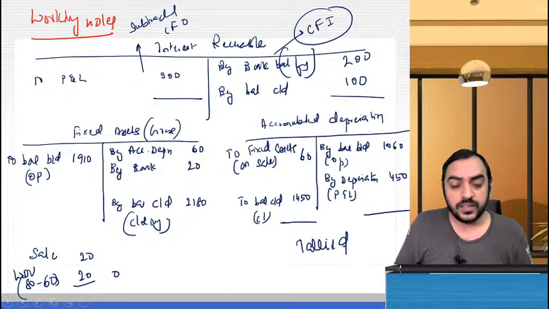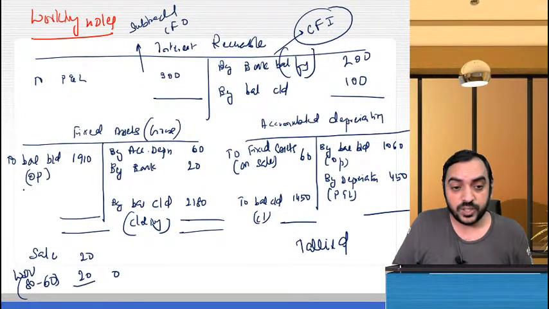So no balancing figure there, and here a balancing figure is there. Tell me the balancing figure, what do you get here? Balancing figure, to cash or to bank?